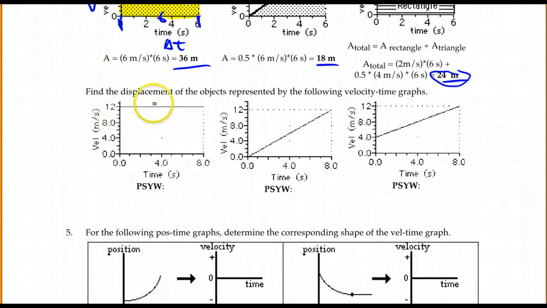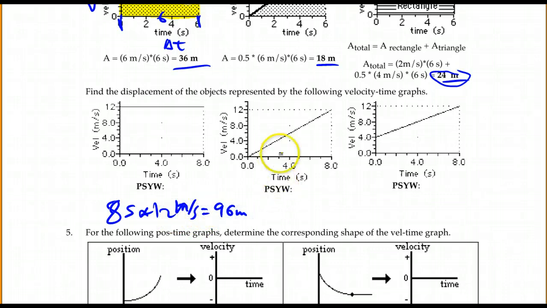Okay, so examples of that down here. Here we have constant velocity. It's a rectangle, so it's going to be base times height: 8 seconds times 12 meters every second that I travel. 8 times 12 is going to be 96 meters. In the next one, we're increasing our speed, so we're traveling further the more time goes on.